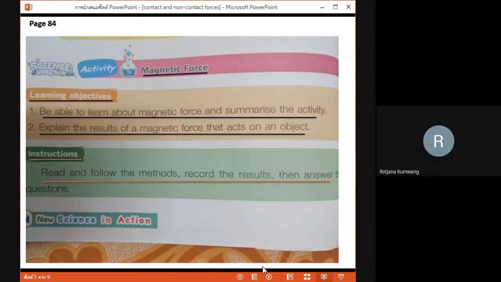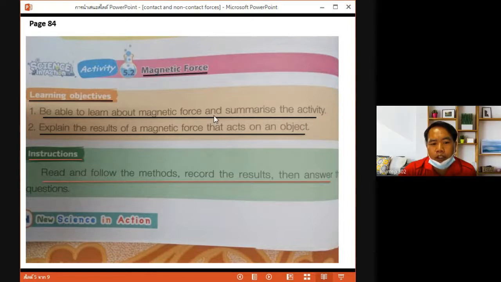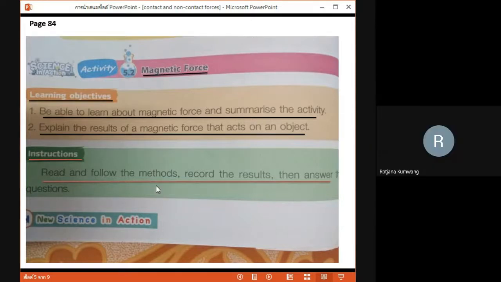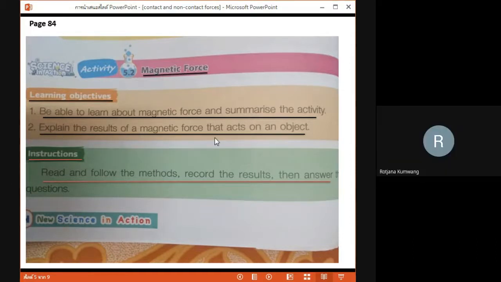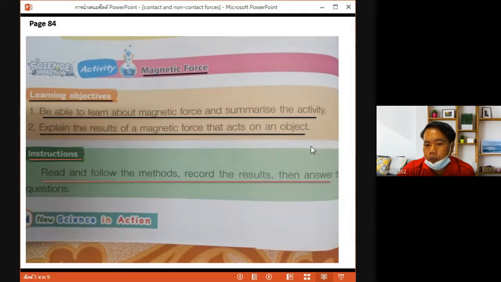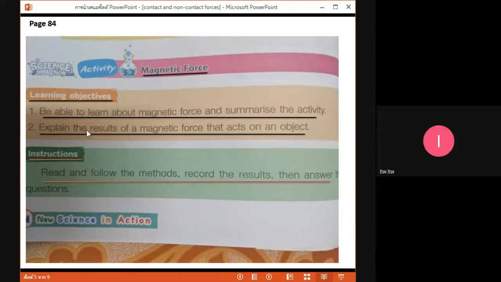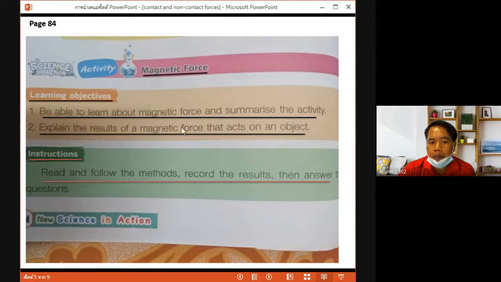The learning objectives are to learn about magnetic force and summarize the activity, and to explain the result of magnetic force that acts on an object.